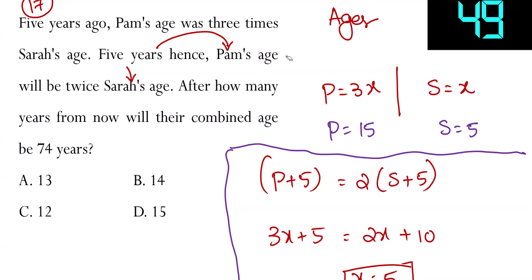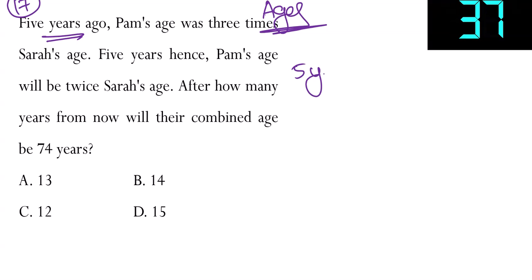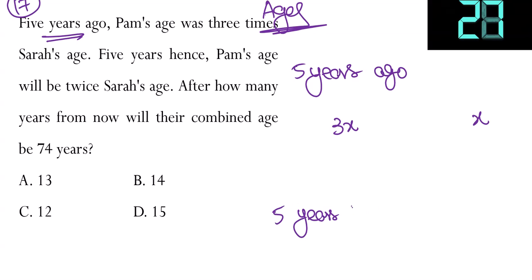Guys, 1 second. This is the 5 years ago situation. Agreed. 5 years ago, they are thrice. So 5 years ago, if Sarah is x, Palm is 3x. 5 years hence, they are twice. Now P plus 10.